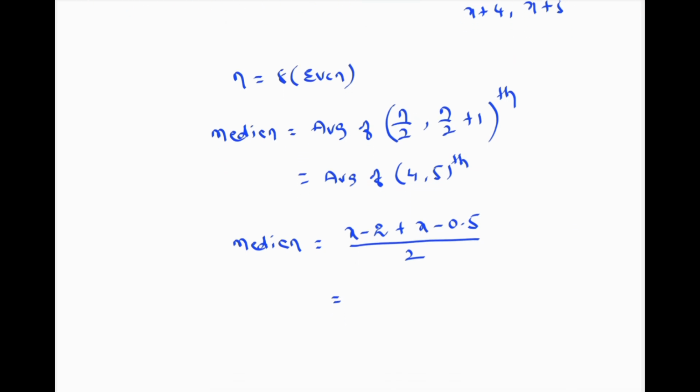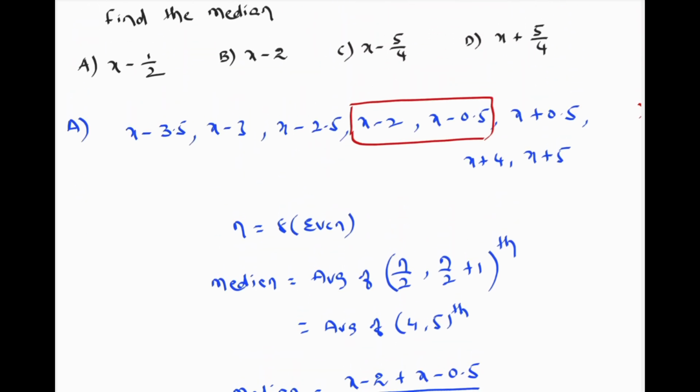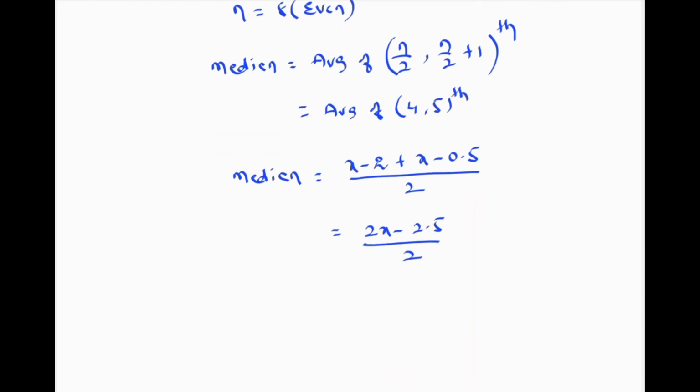So 2x minus 2.5 by 2, but here in the answer we are having x minus 1 by 2, x minus 2. We have to convert the answer. So when you take 2 as common, x minus 2.5 will become 1.25, by 2.